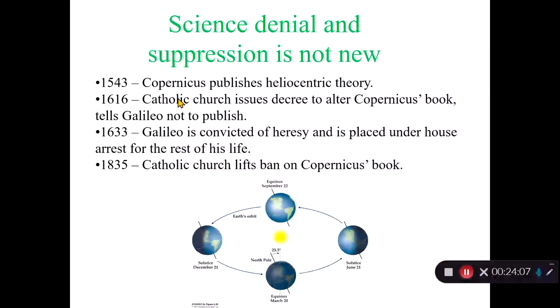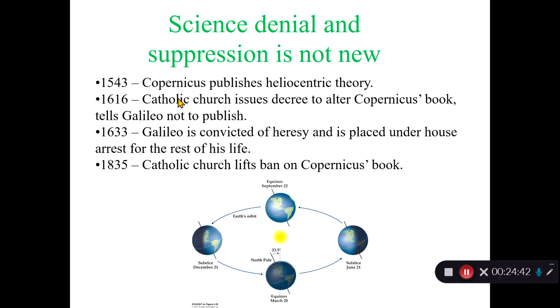Now, it's important to realize, when we think about things like climate change and science denial associated with them, that this is not a new phenomenon, right? We have had science denial in the past, right? It's because sometimes certain scientific theories really butt up against other ways of knowing in a way that creates conflict. So let's look at heliocentric theory, right? Back in 1543, Copernicus publishes his work, right?